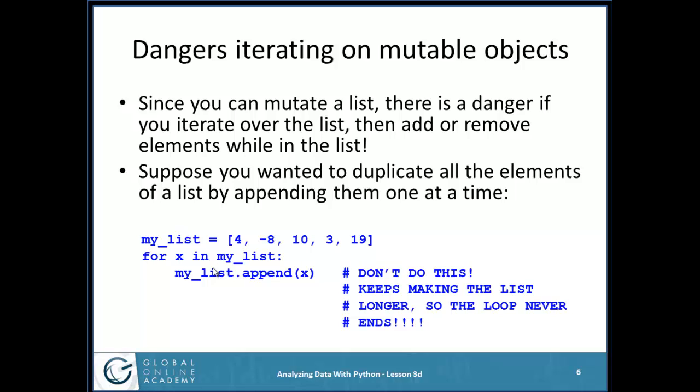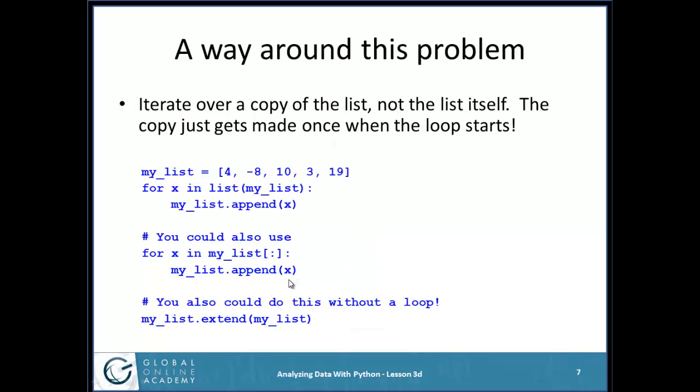Your list will get bigger and bigger until eventually you use all the memory in the entire machine, and then your program will crash. Not what you intended. So don't do this. Do not change the value of a mutable object that you're iterating over in the loop in which you're doing the iteration.